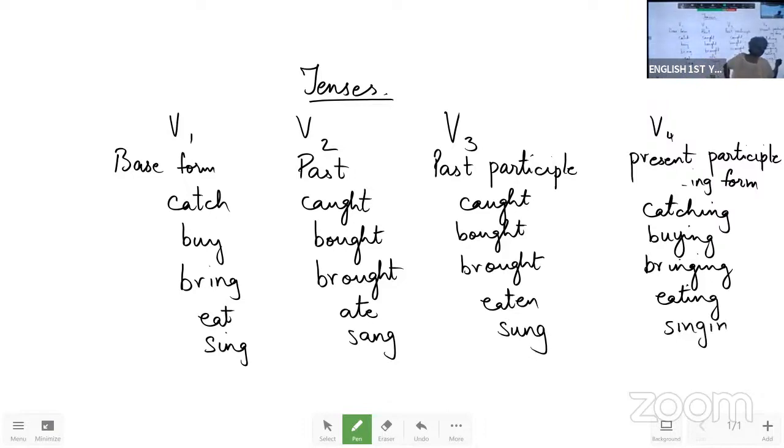Why I am telling you is, if you know what V1, V2, V3 and V4 are, you are able to do your tenses properly. Because we cannot keep on telling, we just say V4 or V2. So you should understand the difference.